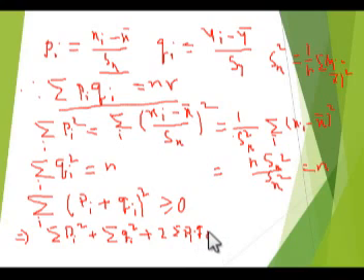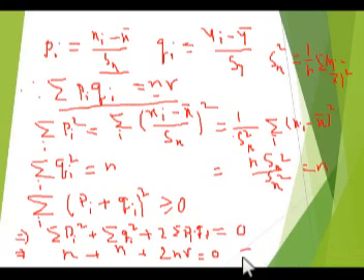We have found all the values, so we put them there. This is n plus this is also n, and this is 2nr, since we found this is nr. So this is greater than or equal to 0.